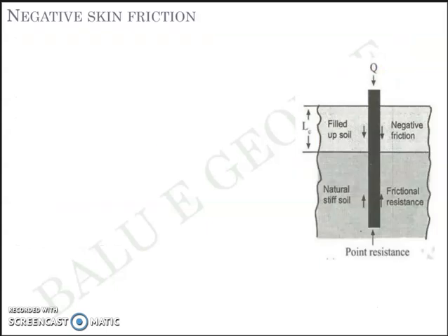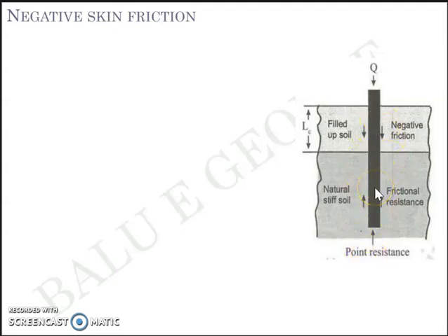Anyways, next we have a term called negative skin friction. Negative skin friction is described in this figure. Let's assume that you have the pile again installed up to 10 meter. Q is the total load acting on it, a part of which is shared as point resistance and a part is shared as skin friction.